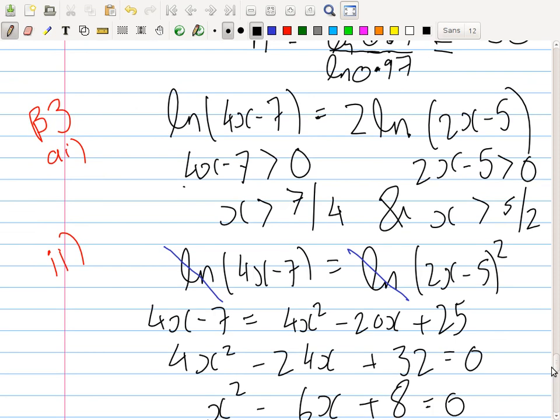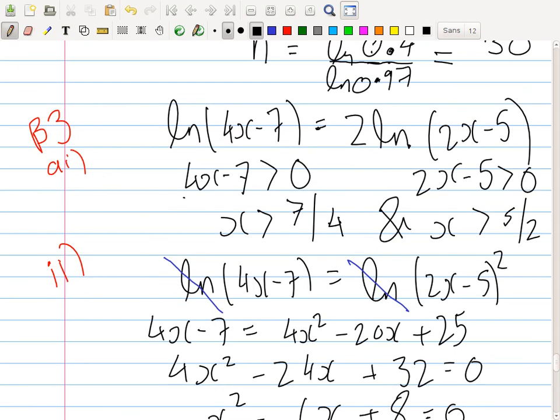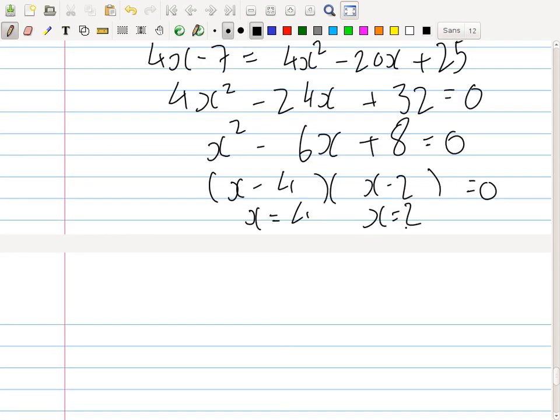So x must be more than 1.75 and x must be more than 2.5. Ah, so this one doesn't work, because it's not more than 2.5. Only this one is more than 2.5 and 1.75. So reject this one, and keep this one.